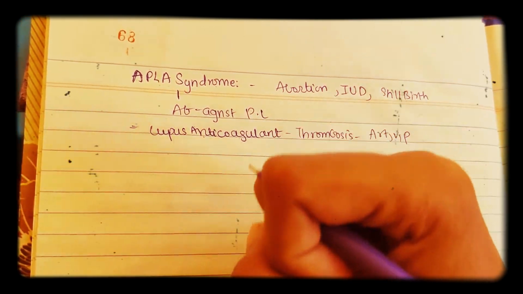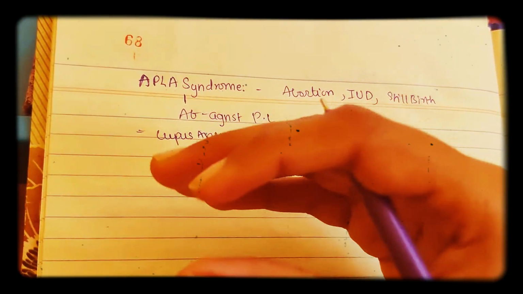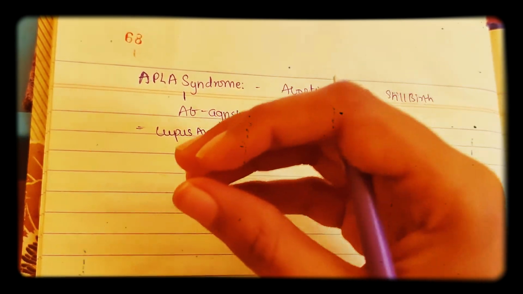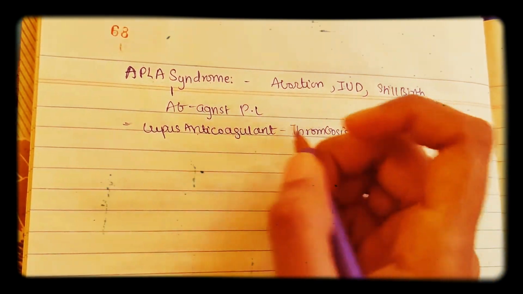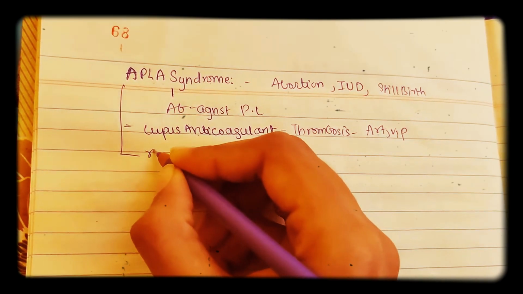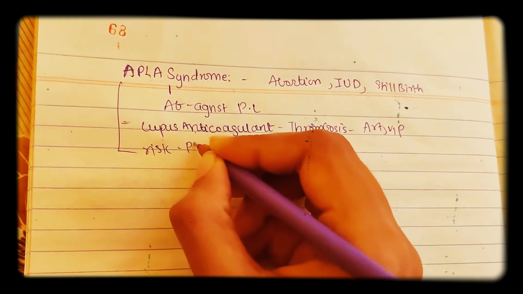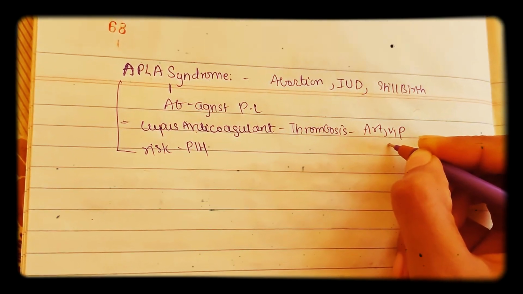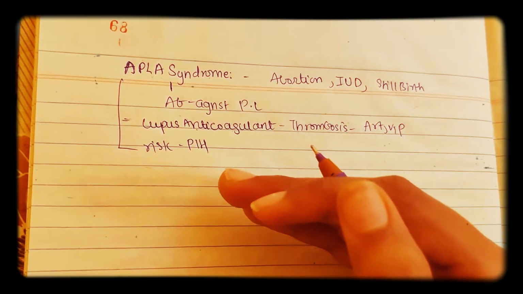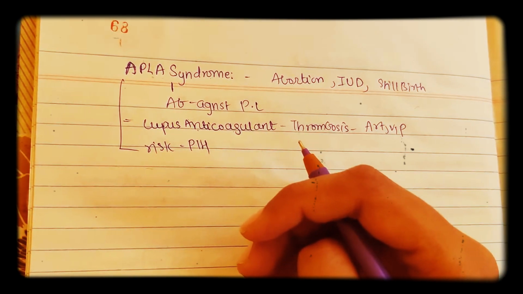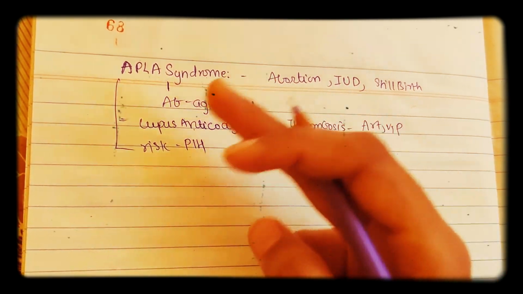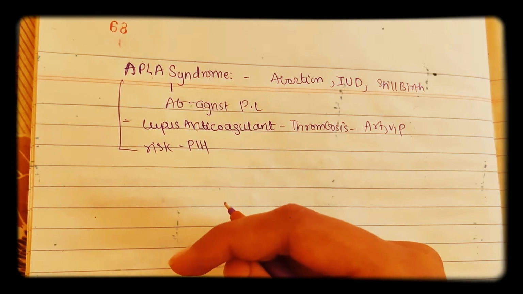Apla syndrome also has a risk of causing PIH, that is pregnancy induced hypertension, because it is somewhat cutting off the blood flow from the placenta to the fetus, and also to the mother. It will lead to pregnancy induced hypertension.